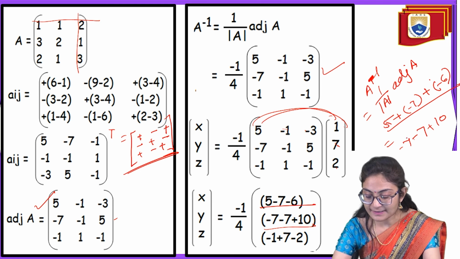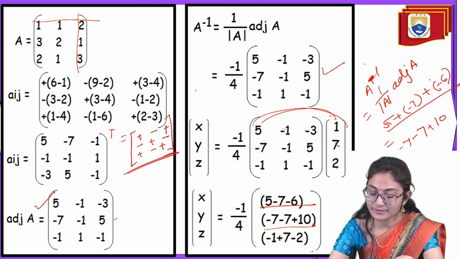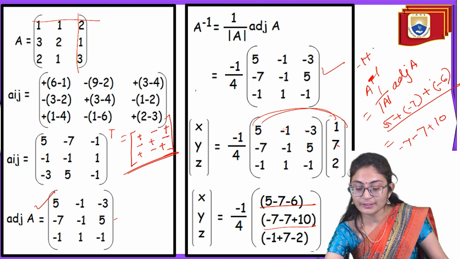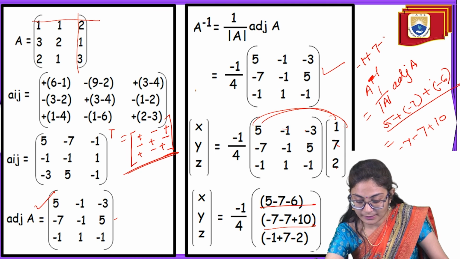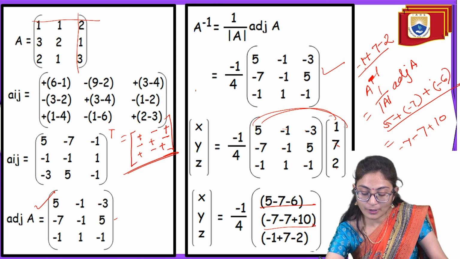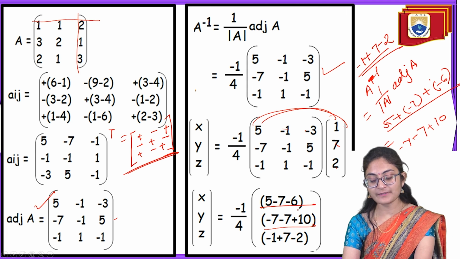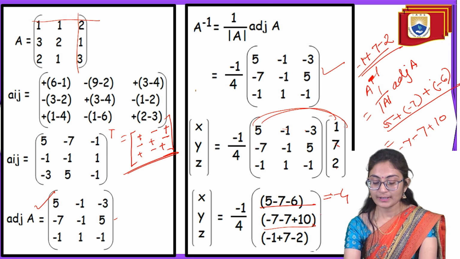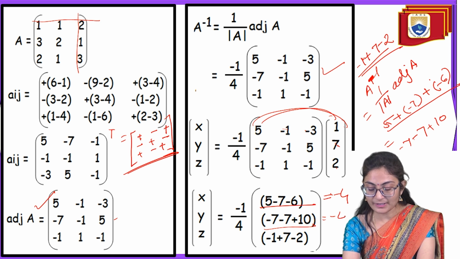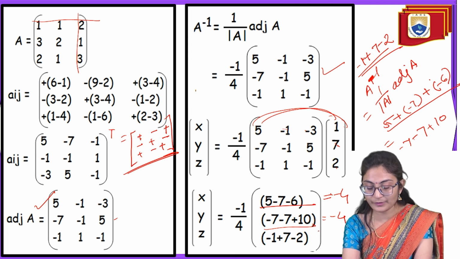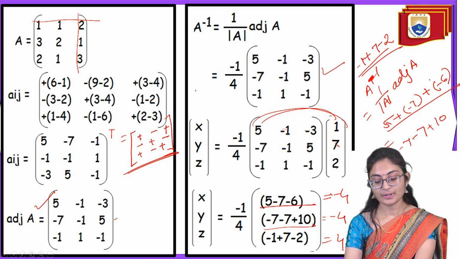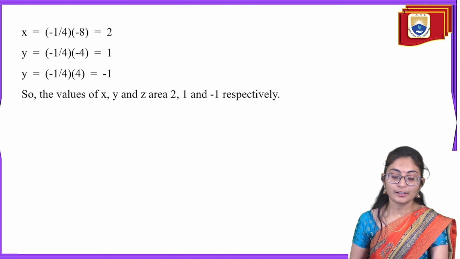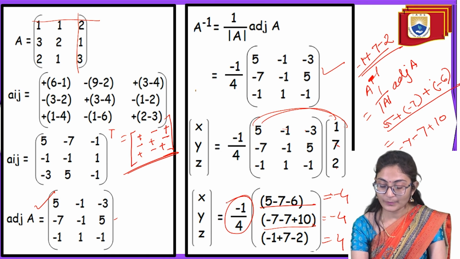And lastly, 7 minus 1 into minus 1 into 1 minus 1 plus 1 into 7, 7 minus 1 into 2 minus 2. You have to solve. That means 5 minus 7 minus 6, we will get here minus 4, and again here we will get 4. So after that, you have to divide by 4.